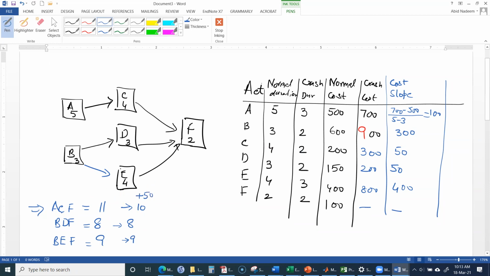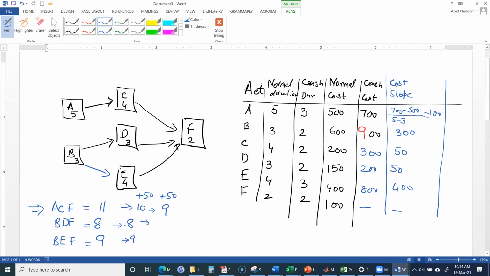Now ACF is still the critical path, and we can still reduce the duration of C from 3 days to 2 days. We add a further $50, and the duration of ACF will reduce from 10 days to 9 days.